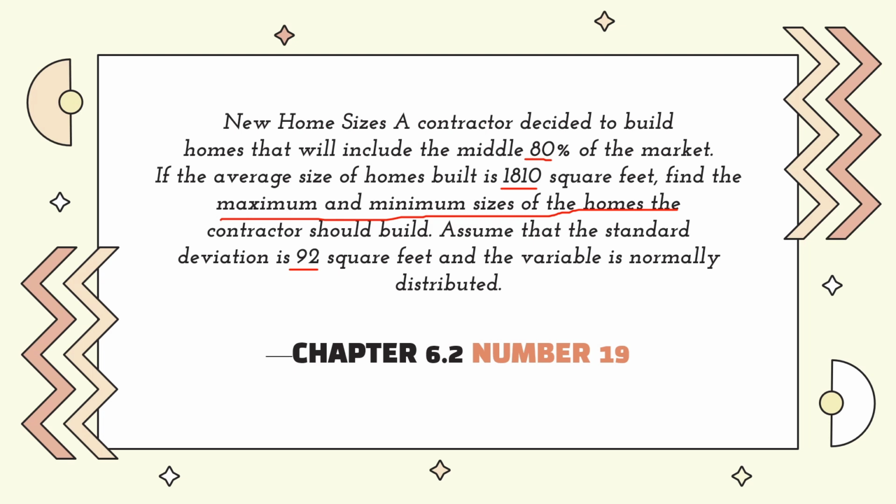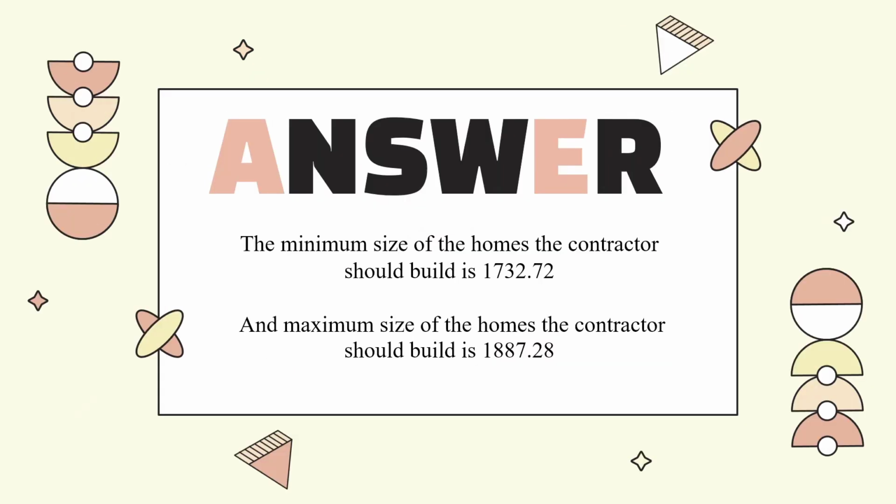So the answer: the minimum size of home the contractor should build is 1,732.72 square feet, and the maximum size of home that the contractor should build is 1,887.28 square feet. Is it true?